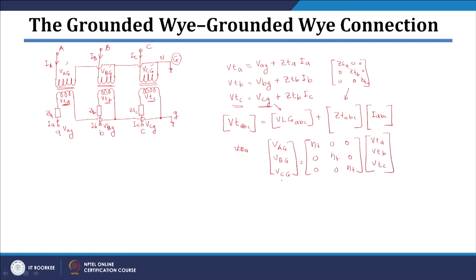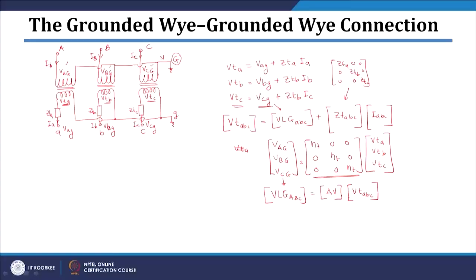So, in this case, we can again collectively write these terms as VLG capital ABC, which are basically these three voltages, will be equal to this matrix we have given name as AV. I explained this AV matrix, we already defined it, and this is nothing but your VTABC.